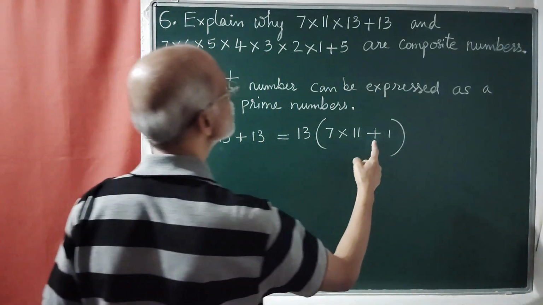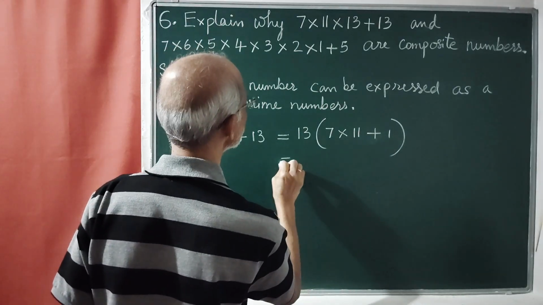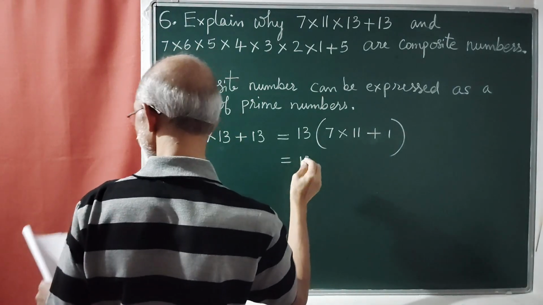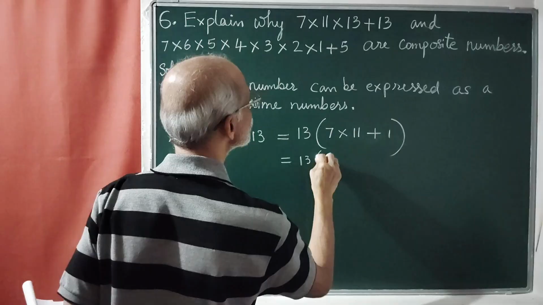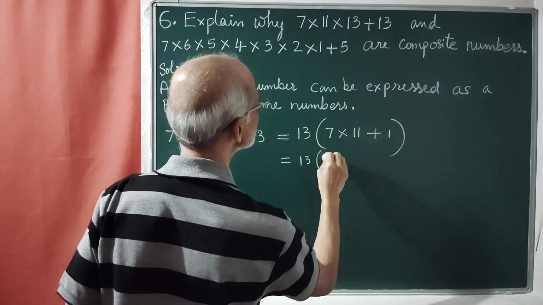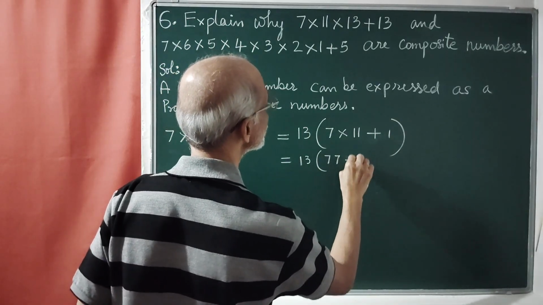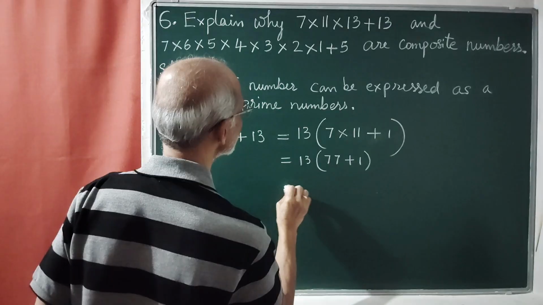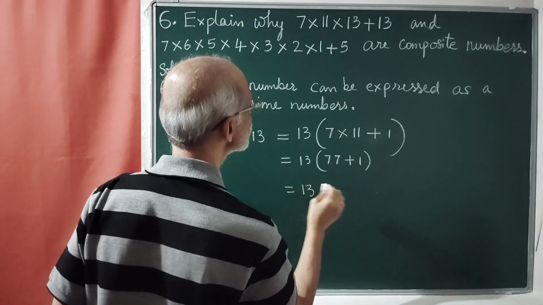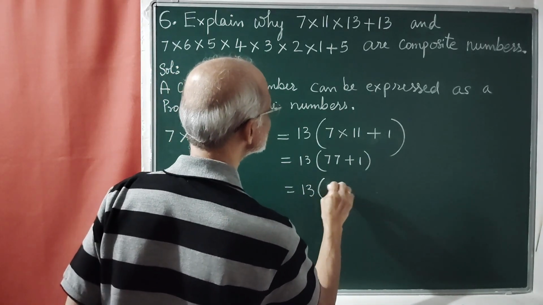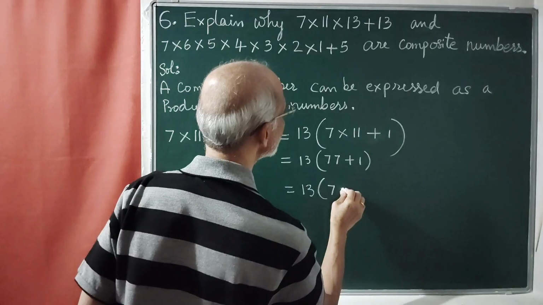So now this will become 13 into, 7 into 11 is 77, plus 1, will be equal to 13 into 78.